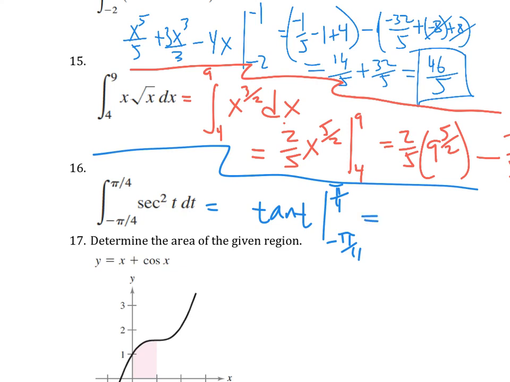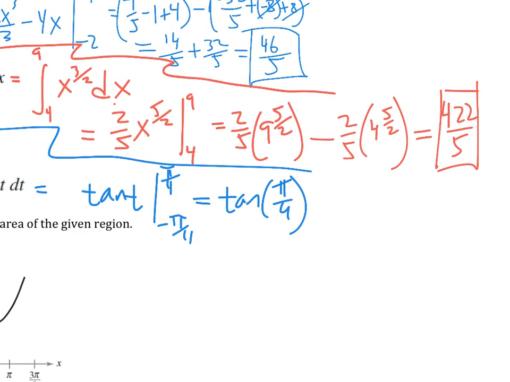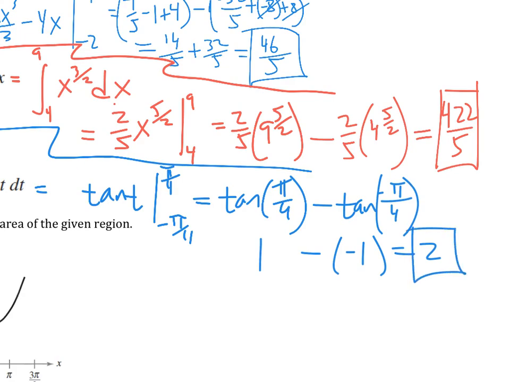And so we've got the tangent of pi/4, which is a nice one. We know it's 1, minus the tangent of -pi/4. And that's going to be -1. So we've got 1 minus -1, which is 2.